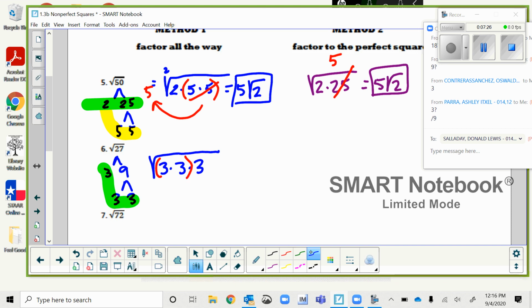Now there's only one pair of 3s here, so that simplifies as 1 3 on the outside. And the third 3, there's too many 3s in this problem, stays inside. Because you can only pull out a number if it's got a second thing to go with it, if it's a pair.